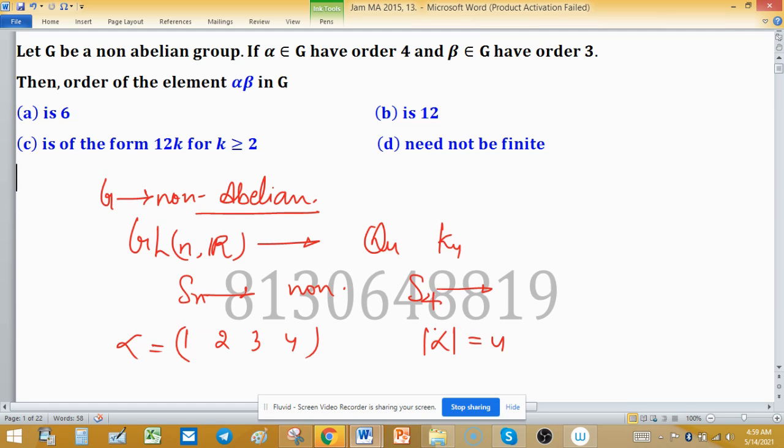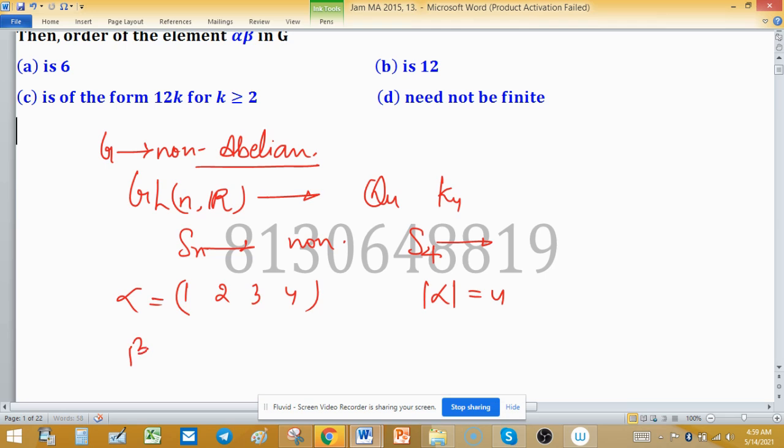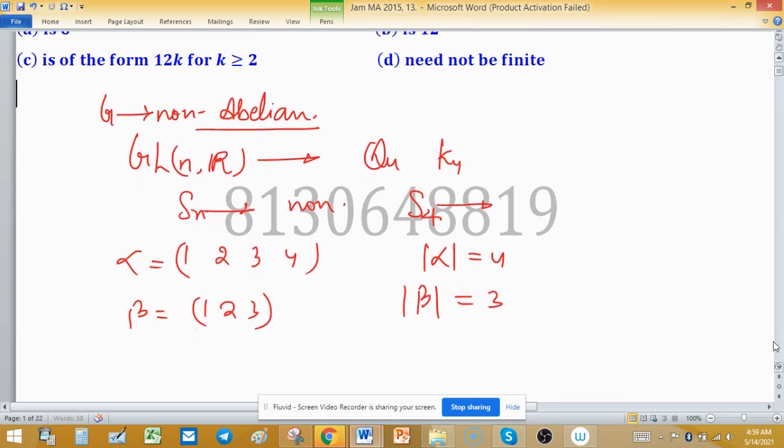Write alpha in disjoint cycles, and the order of the element will be the LCM of the lengths of the disjoint cycles. So the order of alpha is 4, and consider beta as (1 2 3), whose order is 3. As the given hypothesis is satisfied, we have to predict the order of alpha beta.